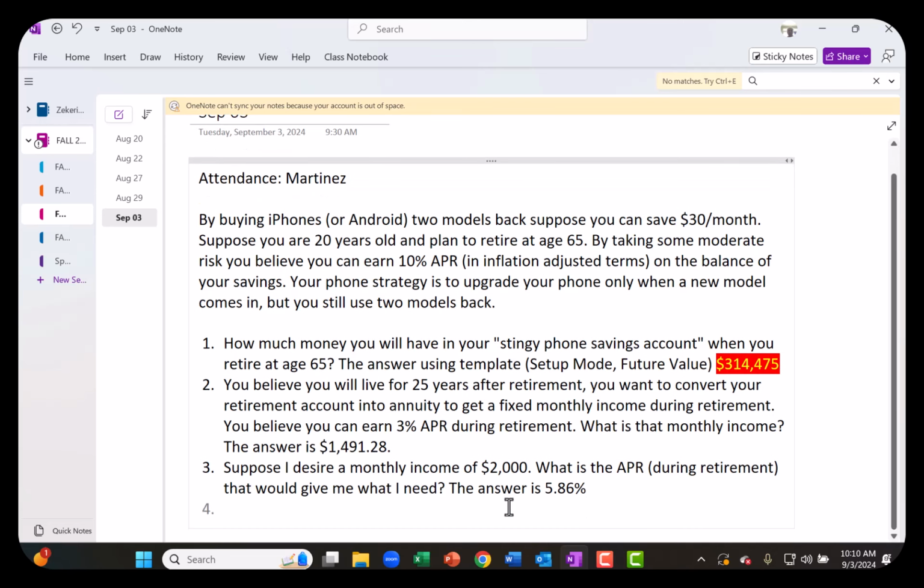Now let's ask another question. Suppose I know I'm going to have only 314 and some change in my account when I retire.